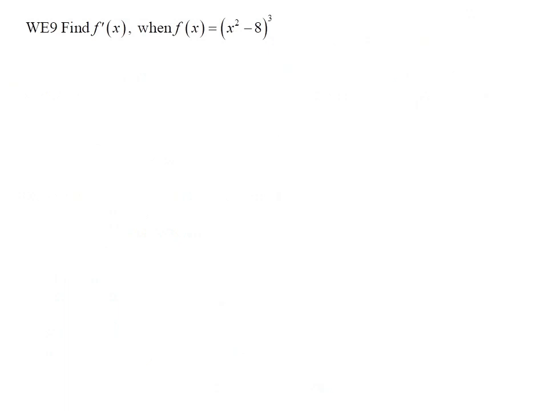Example 9 is to find the derivative function of f of x, which equals (x^2 minus 8) cubed. We start by assuming a function g of x equals x^2 minus 8.